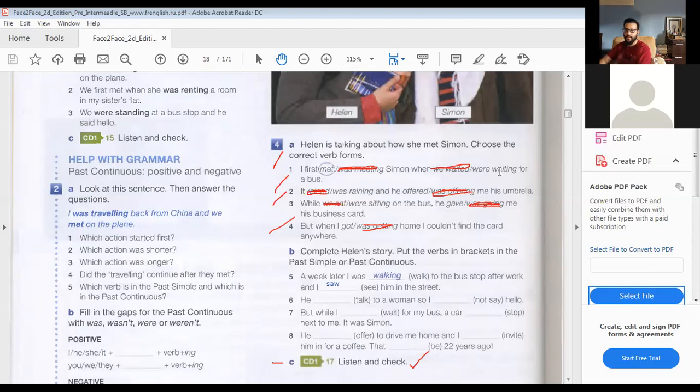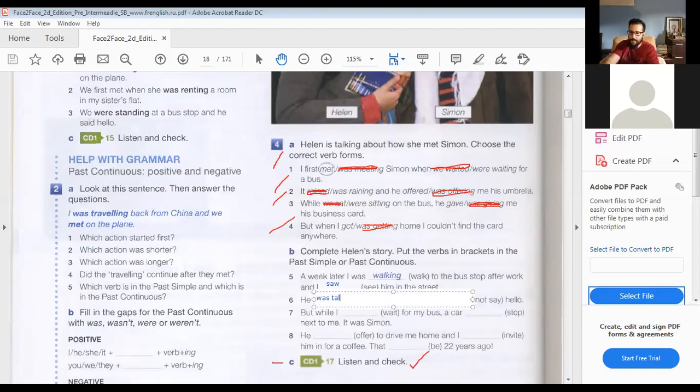Yes. All right. So we answered number 5, so it's correct now. Okay, number 6. He talked to a woman, so I not say hello. He was talking to a woman.